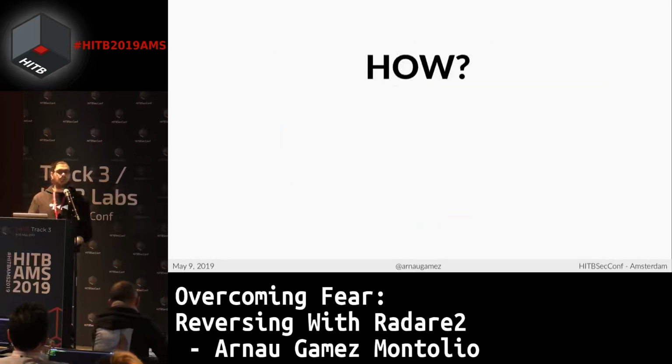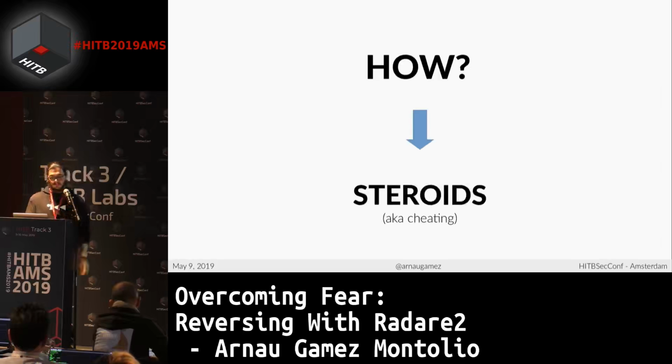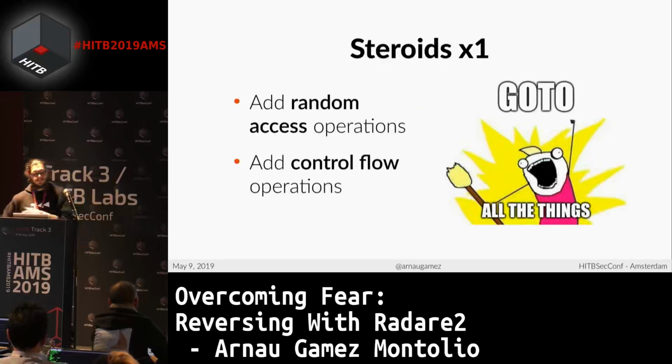So how can we do this? The most obvious answer is the correct one, with asteroids. That's also known as cheating. Cheating basically means, okay, let's add our random access operations, and let's add control flow operations to ESIL.